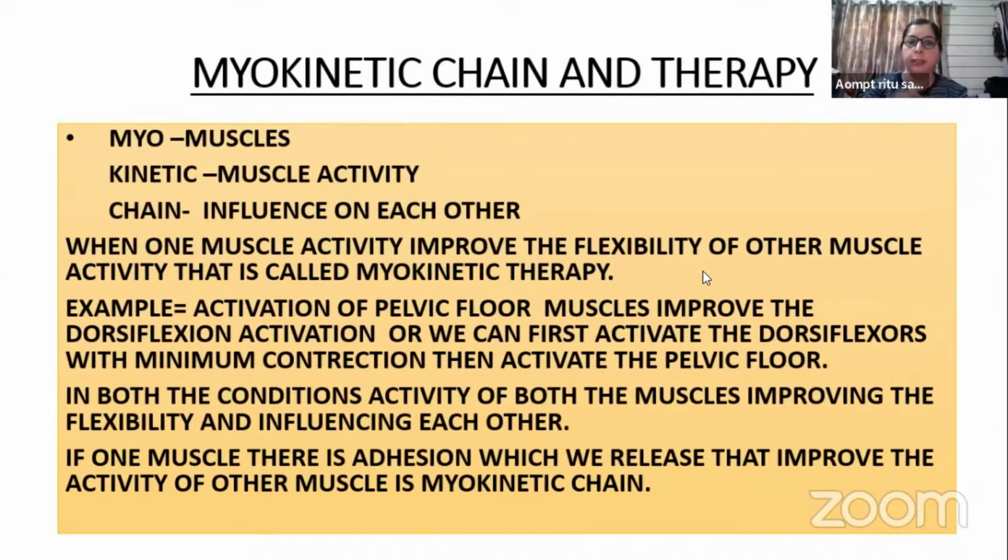So if in one muscle there is an adhesion which we release, that improves the activity of the other muscle. That is the myokinetic chain. Because I have influenced one, the other is automatically corrected. So there is a chain influencing another. This is the myokinetic chain therapy we apply on our patients, and we get the best results.